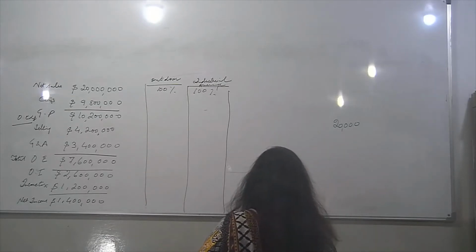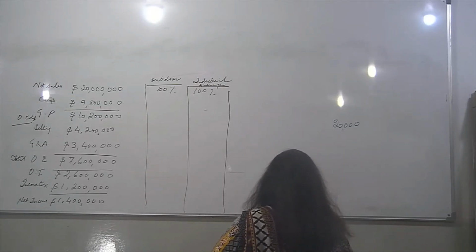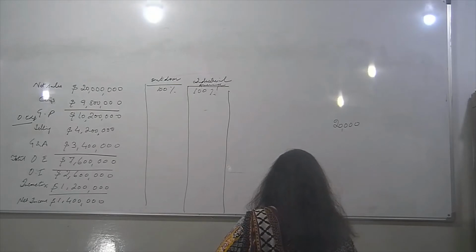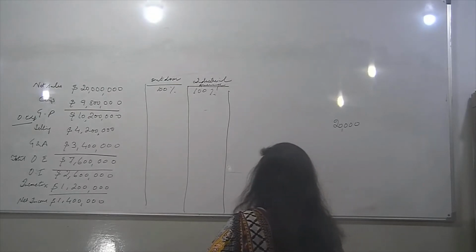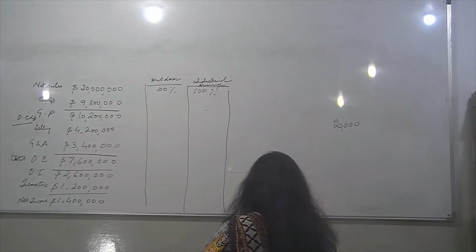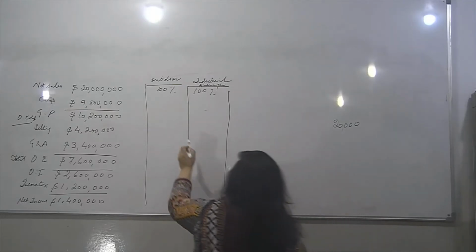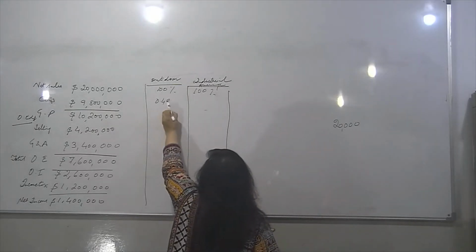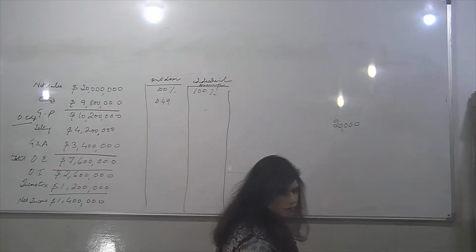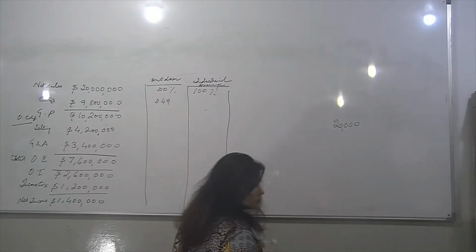Then we have cost of goods sold. So now we have 9.8 by 20, 0.49, and the industrial average is 58.